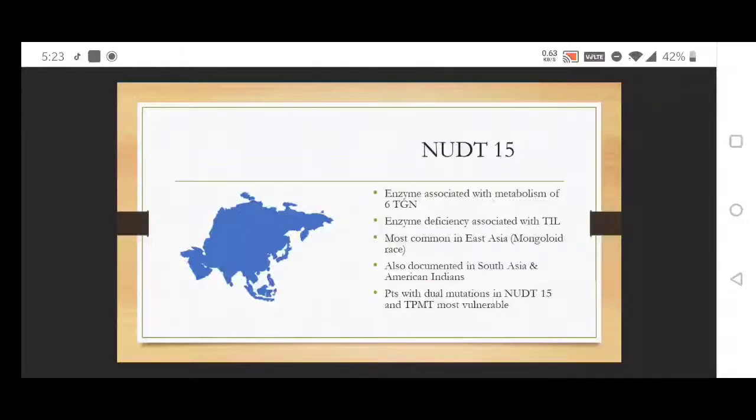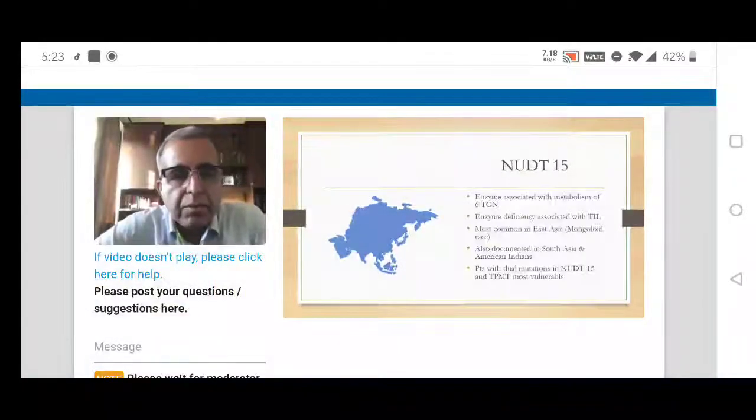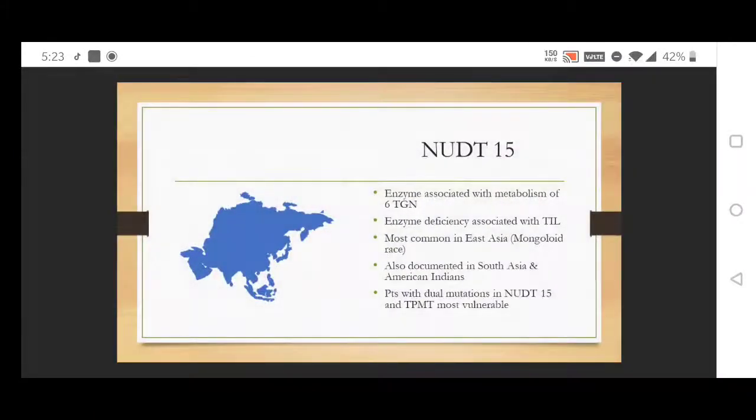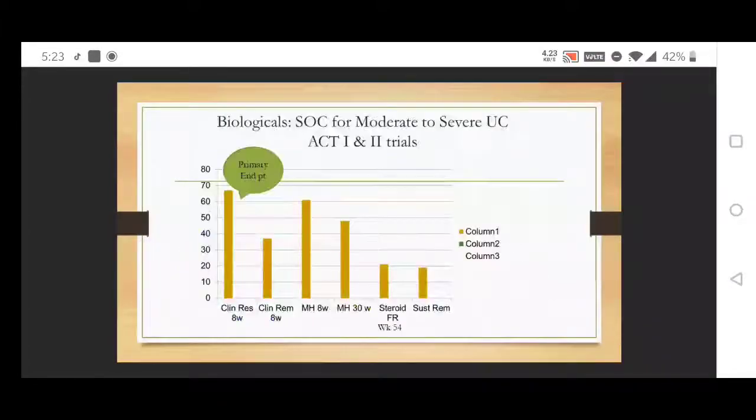It's more common in China, Japan, Korea, mostly in the Mongoloid races. But we also have 2 studies from India, one from Dr. Desai's group in Mumbai and one from Rupa Banerjee's group at the AIG, and both have confirmed that NUDT mutations do occur like in the Mongoloid races in India as well. And if you happen to have an NUDT mutation with a TPMT mutation, then it's a double whammy, and these patients are the most vulnerable for TIL. In fact, maybe they are best avoided in these conditions.